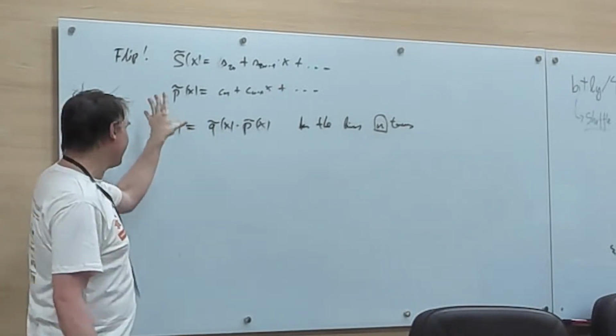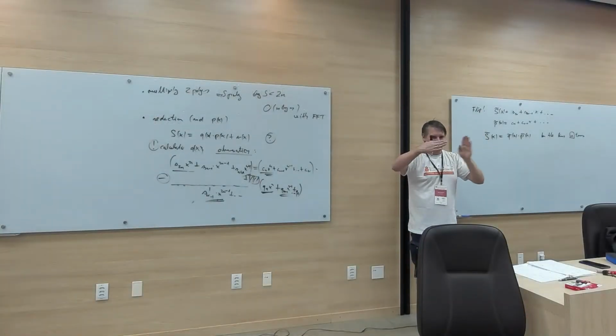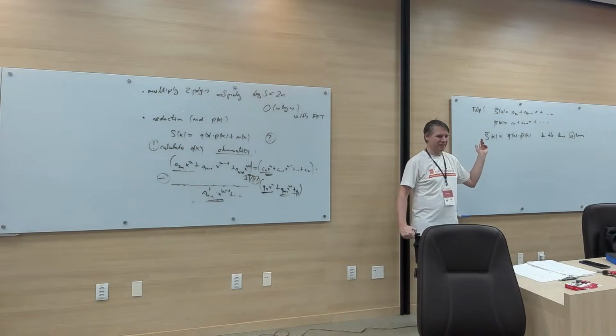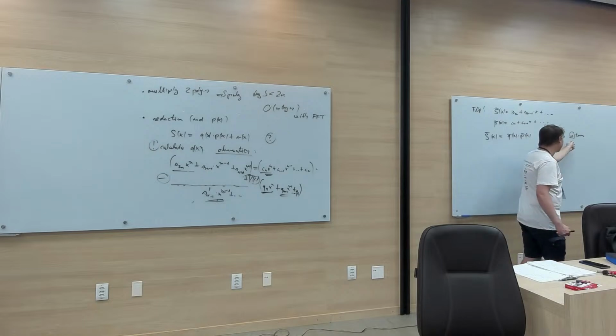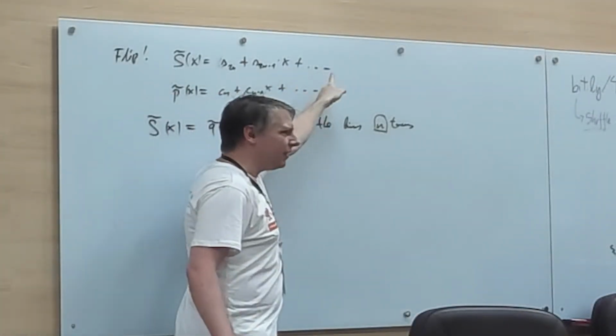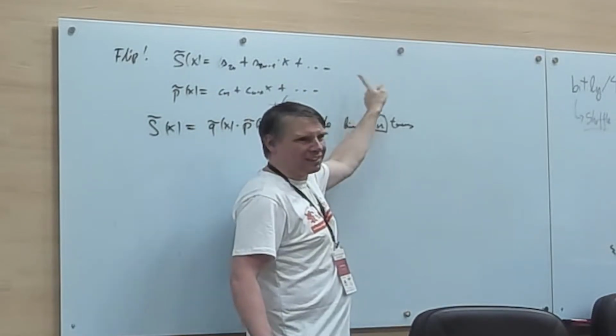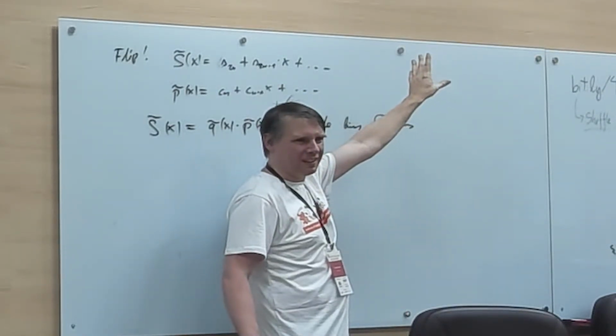So that's the critical observation, that this multiplication works the same way from both ends of the polynomials. And we only care about the first n terms here, which means that we don't really care if there is anything after the nth term and what it is.